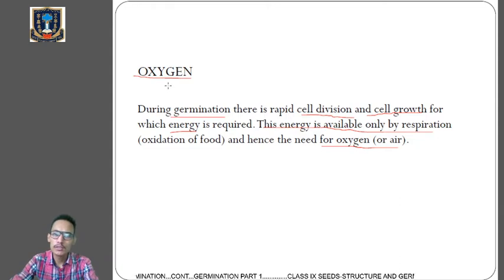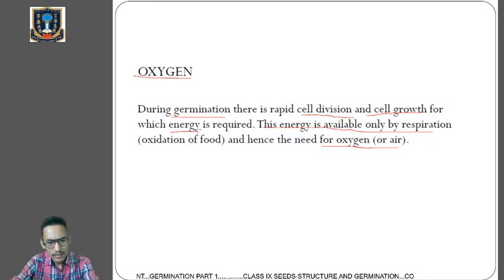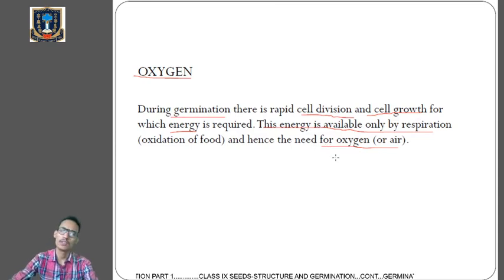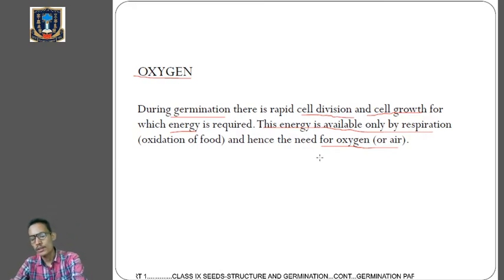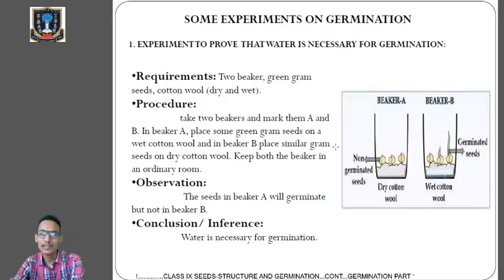So therefore, oxygen is very, very important for germination, because during germination there will be rapid cell division and rapid cell growth, for which energy is required, and energy is only available by the process of respiration, where there will be breakdown of food particles, oxidation of food, and therefore respiration occurs only in the presence of oxygen. So therefore, water, suitable temperature, and oxygen are very, very important for the process of germination.